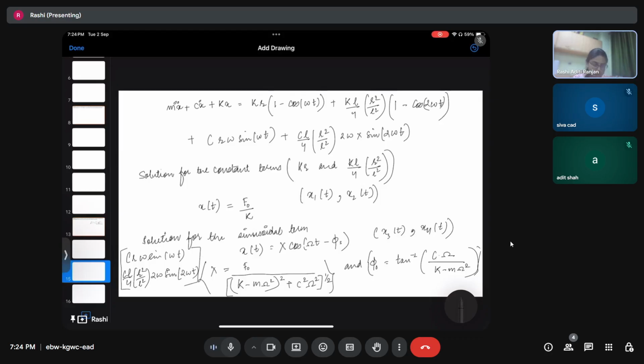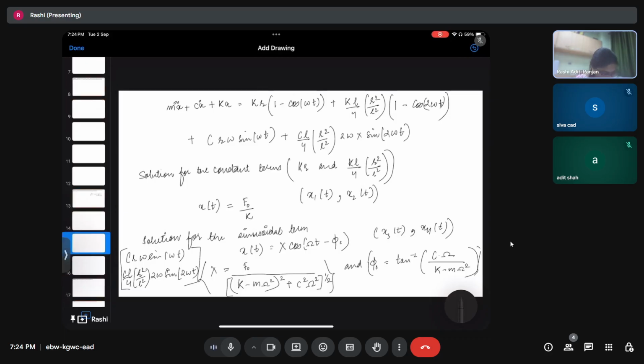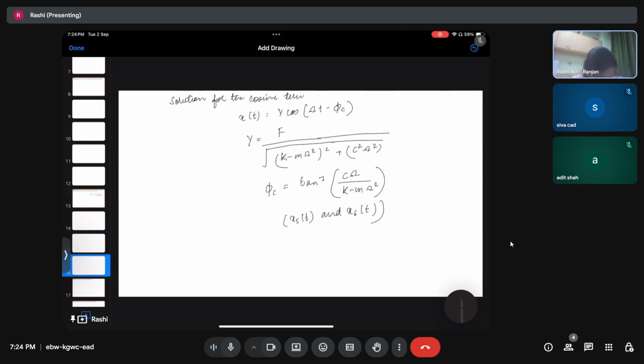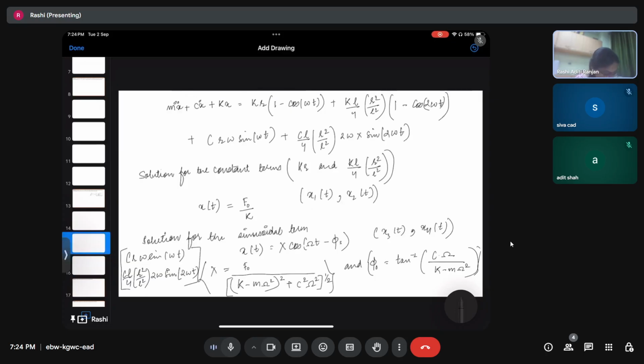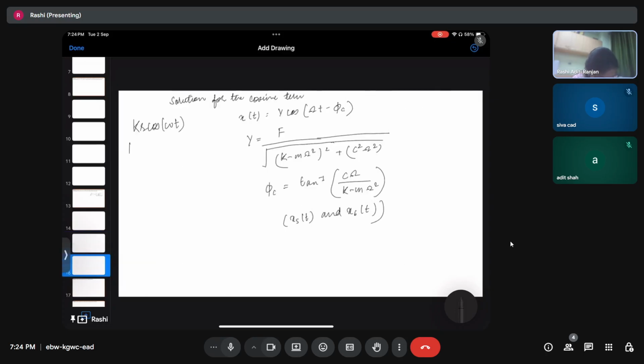These are the sinusoidal terms, and then the cos terms. We have K R cos of omega t and K L by 4 R square by L square cos of twice of omega t.